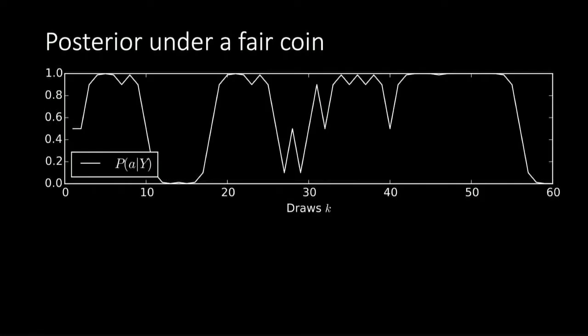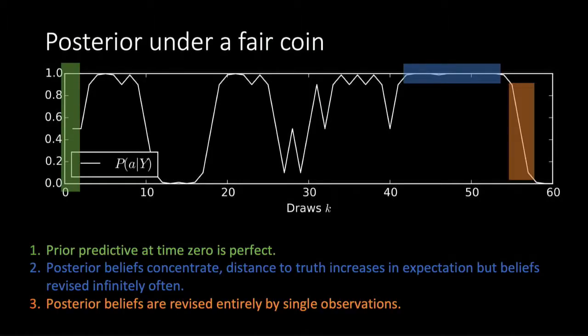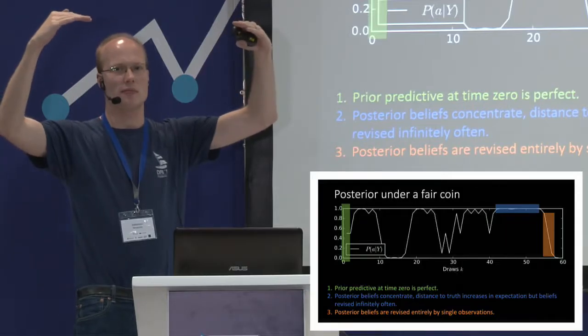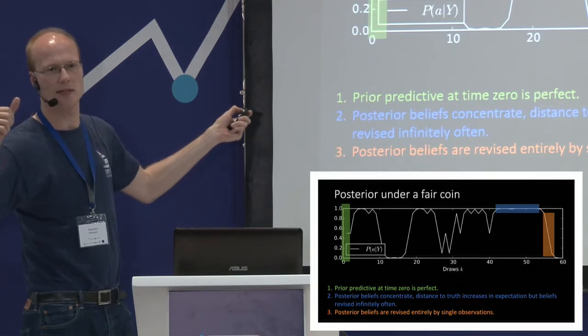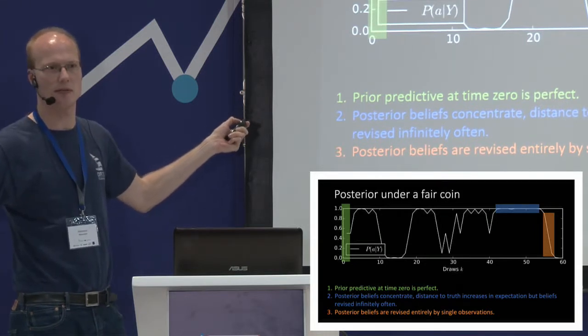So things go seriously wrong, and you don't know they are going wrong. The first thing is, before you see any data, if you have to predict the next coin, you're doing a perfect job, because you're uncertain about the two hypotheses. If you integrate over them, for the next coin you predict 50-50 heads or tails. And that's perfect. That's the best you can do before you see any data.